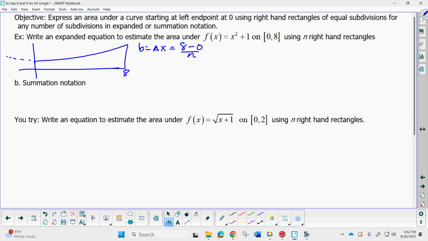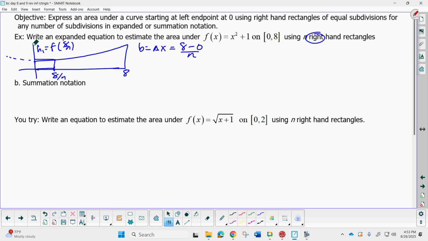Now, here's the part where a visual helps. If each base is 8 over n, then this first mark at which I draw a height for my right-hand rectangles would be at 8 over n, and the rectangle would look like that. The height, height 1, is f at 8 over n.